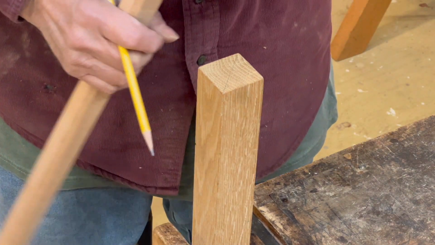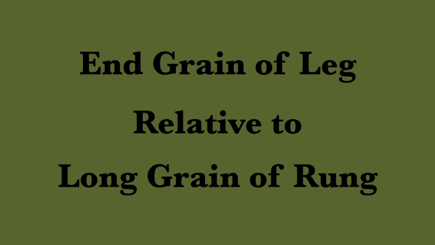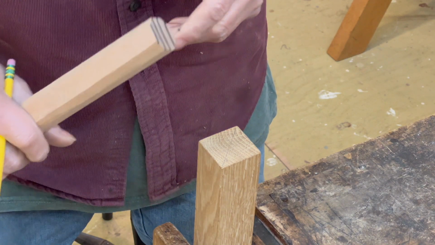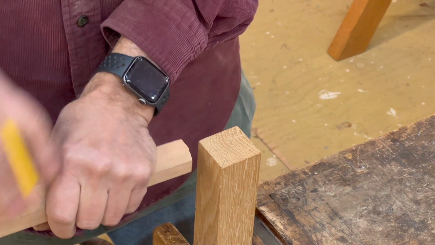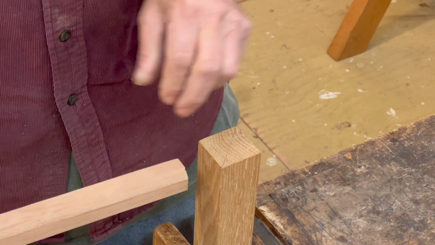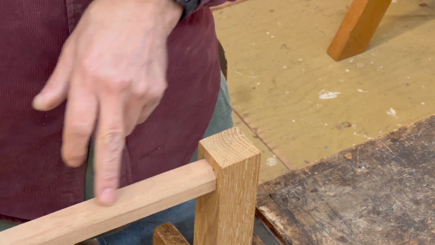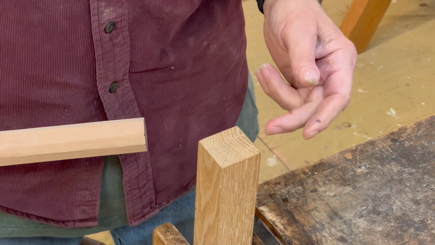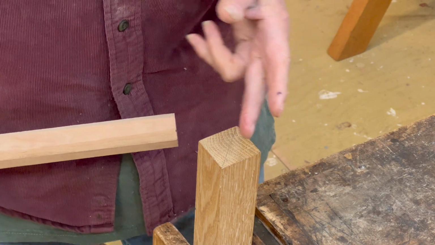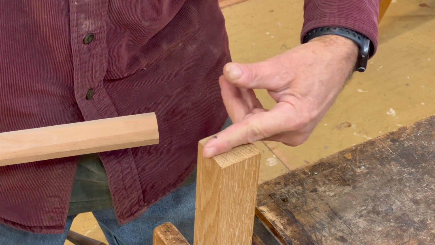So there are two sets of relationships. The first relationship is the end grain of the leg relative to the long grain of the rung. So we're going to assume this long grain is nice and straight, and we have no wood movement along the long grain. In the end grain of the leg, we have more wood movement this way and less movement this way.